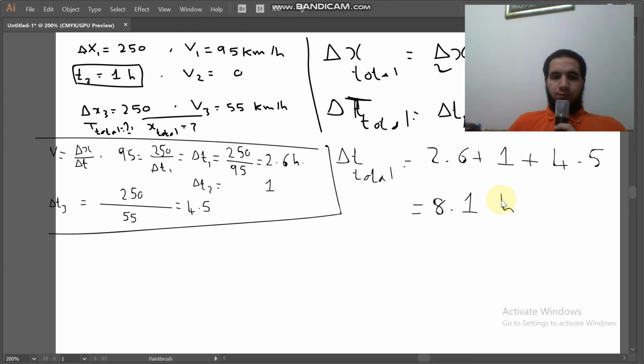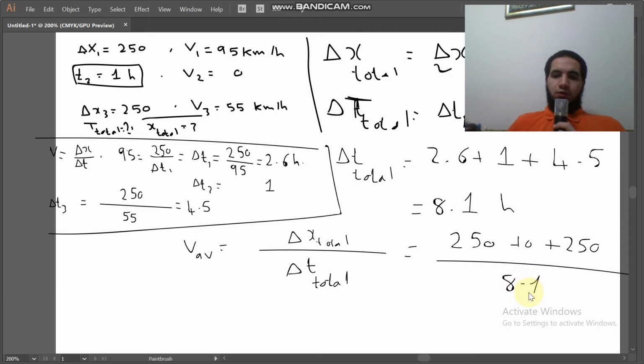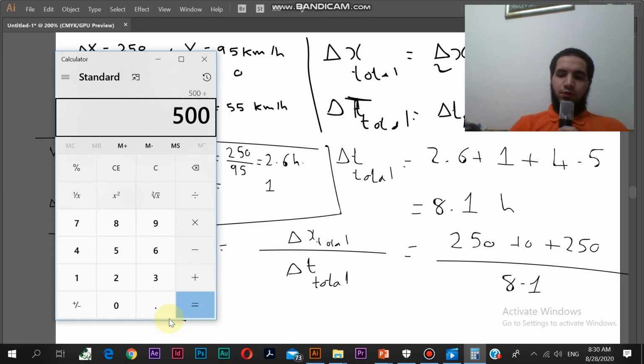So to get the average speed, V average equals delta x total over delta t total equals 250 plus 0 plus also 250 returning back, over 8.1, which will be 500 over 8.1 equals 61.7.